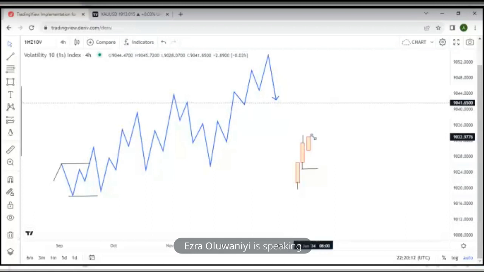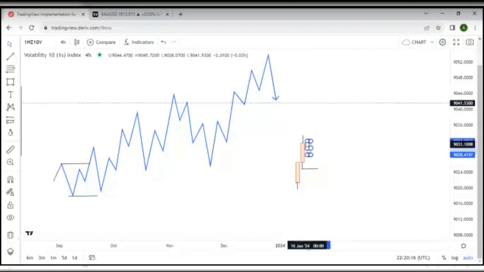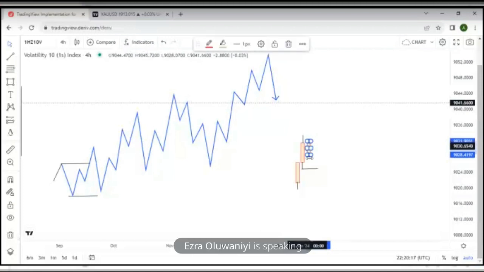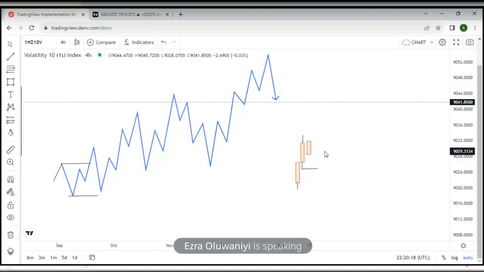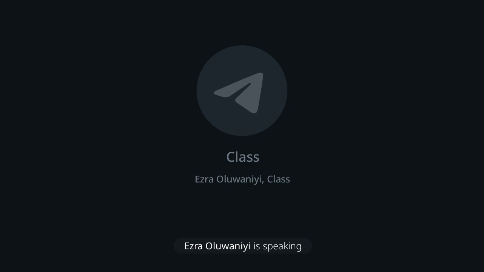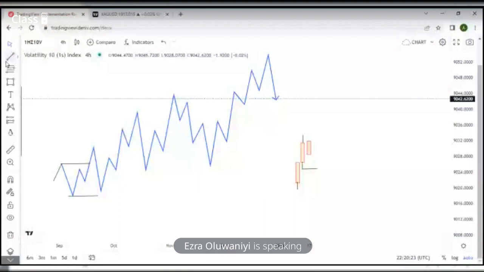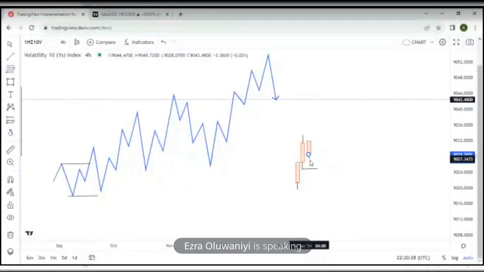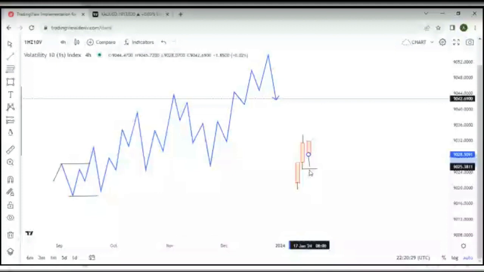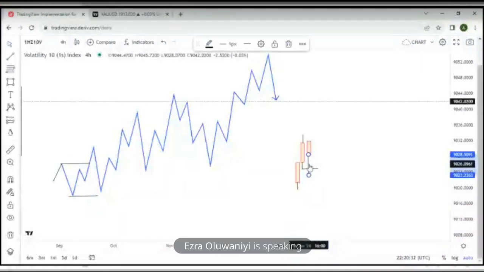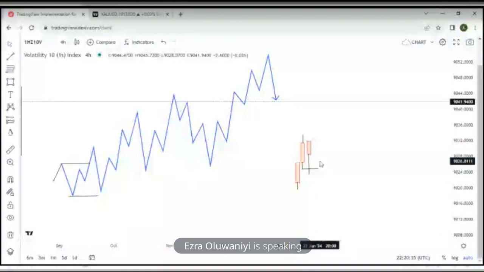It has to violate the low of this highest candle. Even if it's with the wick or even the body, one of the two must happen. So the price comes back down like this, violating the low of the most recent candle. So this is a valid pullback.